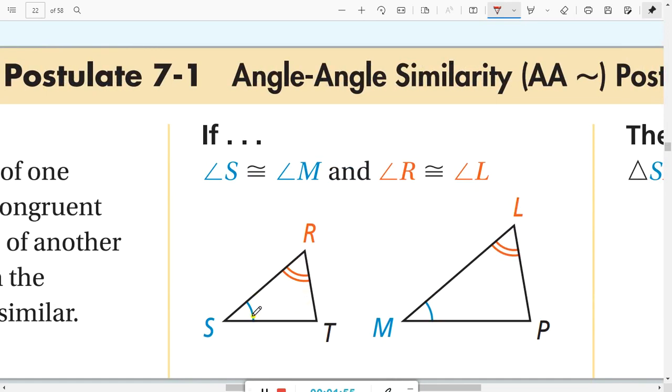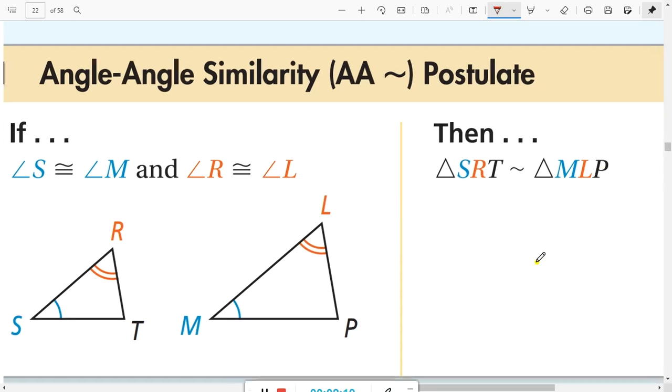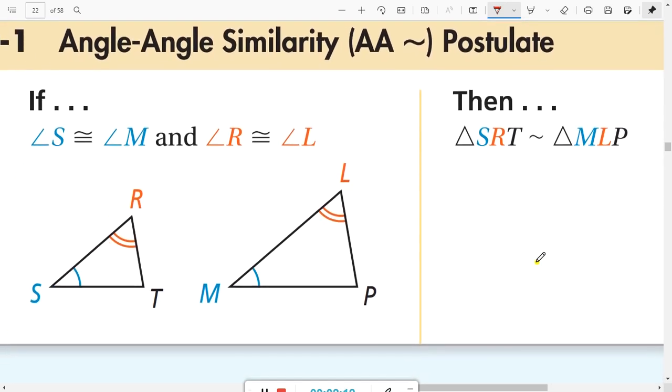So here we have S and M are congruent, and also R and L are congruent. So triangle SRT is similar to triangle MLP. All right. Notice they matched the corresponding angles. See that S is congruent to M, so they put the letter S first, and they put the letter M first.